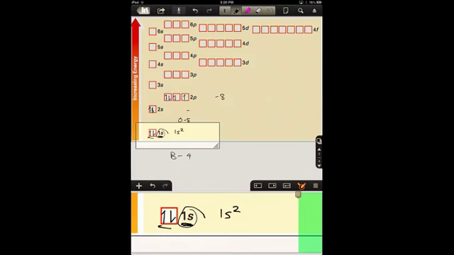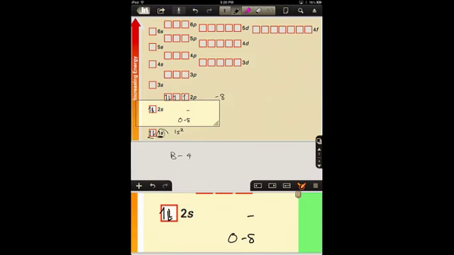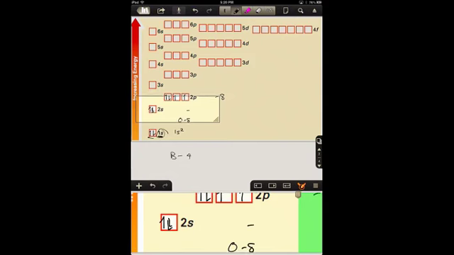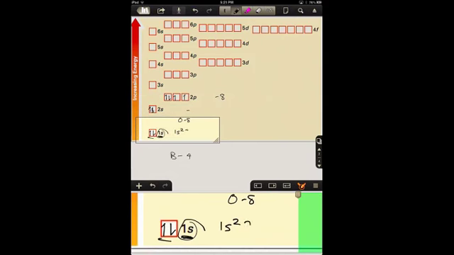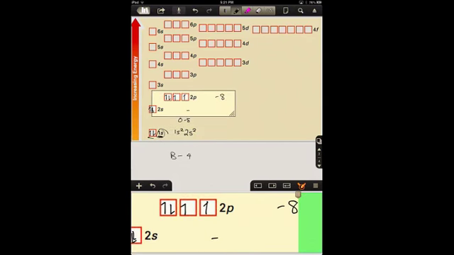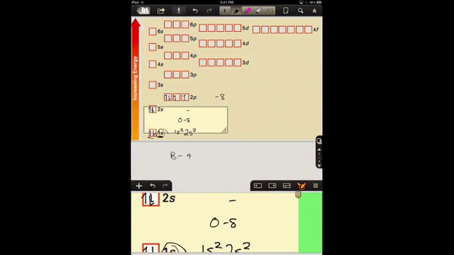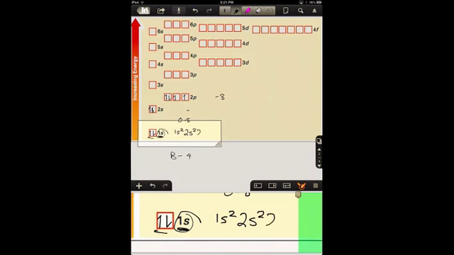But that's not the end of it. We've got this one. We've got that right here. Okay? So we've got to add that in. 2s2. And then we've got 4 in that P sublevel, 4 in the 2p, so it would be 2p4. So here's my configuration for oxygen.